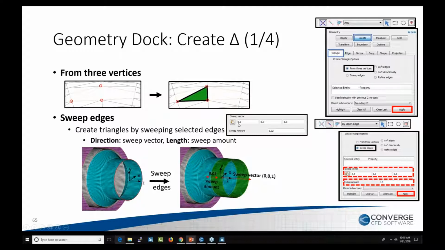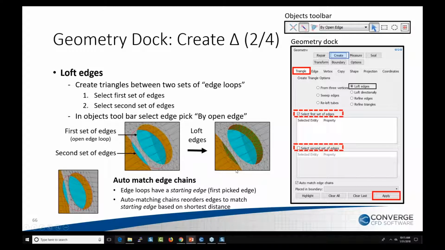You can sweep edges. You can select a set of edges and you can sweep it along a direction. You can specify a sweep amount and a sweep vector, and it will create triangles sweeping that length. Then you can create triangles by lofting edges. I've used that when I was creating the swirling dump combustor. You can loft, say, these 2 sets of edges.